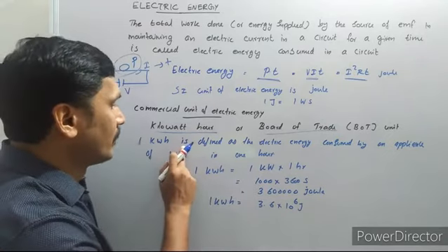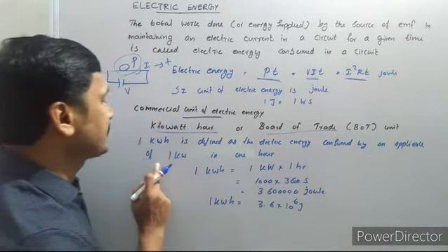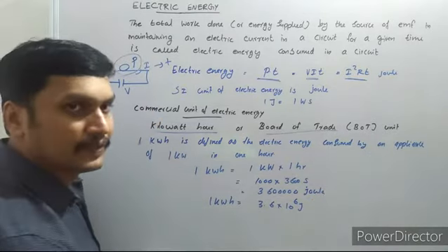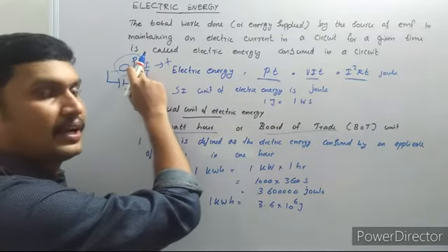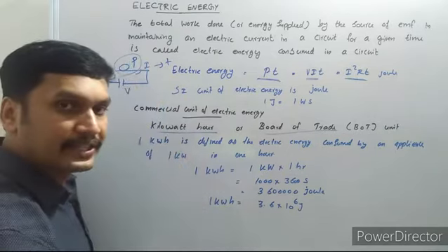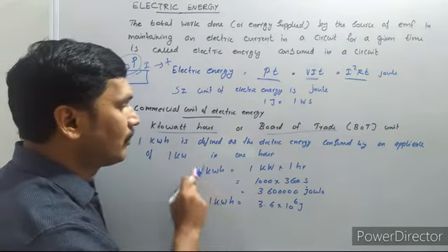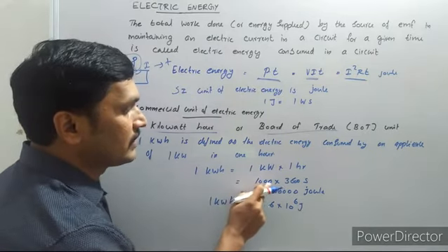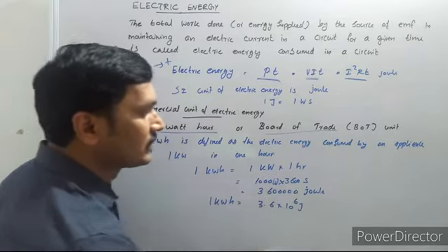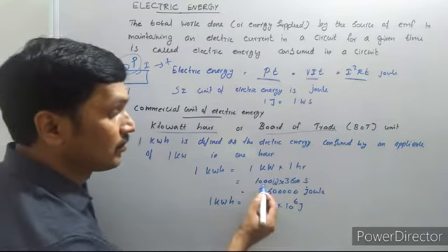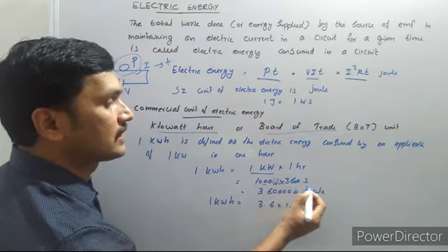1 kilowatt hour is defined as the electric energy consumed by an appliance of 1 kilowatt in 1 hour. Suppose we have an electric appliance of power 1 kilowatt; the total energy consumed by the device in 1 hour will be equal to 1 kilowatt hour. So 1 kilowatt hour can be written as 1000 watt into 3600 second, since 1 kilowatt is equal to 1000 watt and 1 hour is equal to 3600 second.